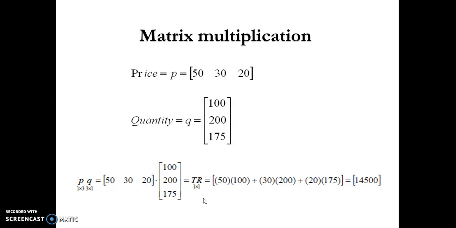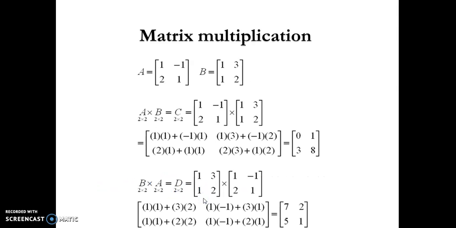So this is the simplest form of multiplication, but it will get a lot trickier, as you will see over here. Now here you have matrix A and matrix B. And these are both square matrices because the numbers of rows and columns are the same. 2 rows, 2 columns, 2 rows, 2 columns.